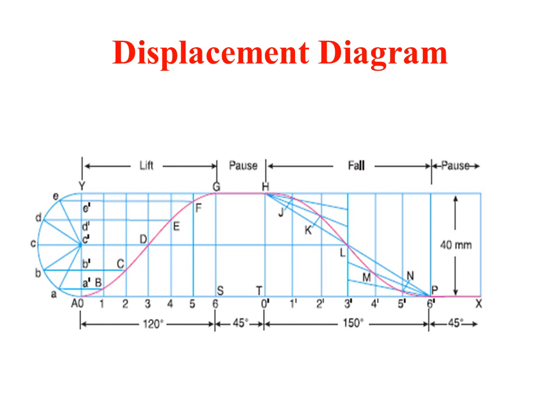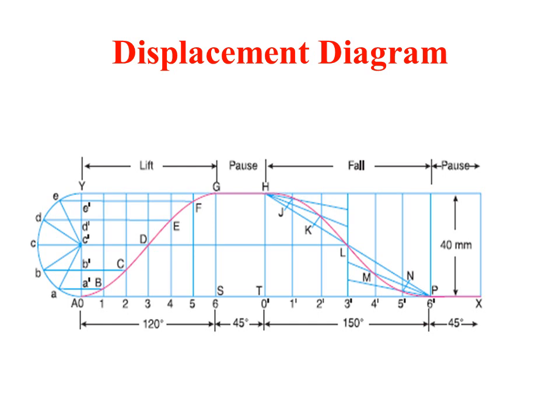After dividing it into 6 parts, mark it as A, B, C, D, E. Now from these points A, B, C, D, draw horizontal lines. From A, when the horizontal line is drawn, it intersects the vertical line 1 at B. If again from point B you draw the horizontal line, it intersects the vertical line 2 at point C. In the same way we get the points D, E, F, G. Now we have to join all these points with a smooth curve. So this is the displacement diagram during lift.